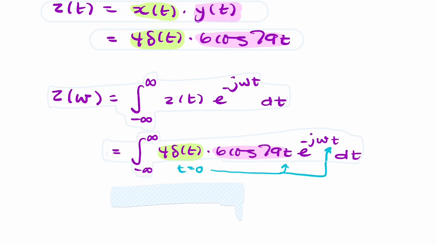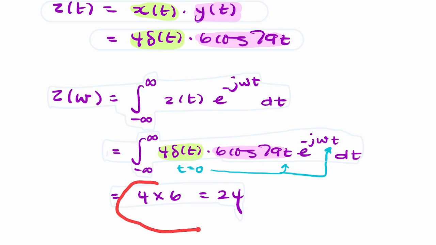So you end up with 4 times 6 times e to the power 0. So there you get your final answer as 24.